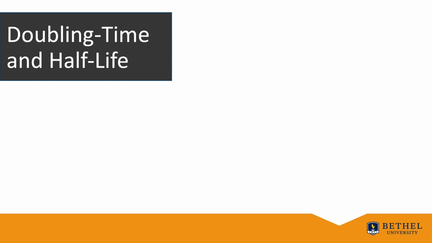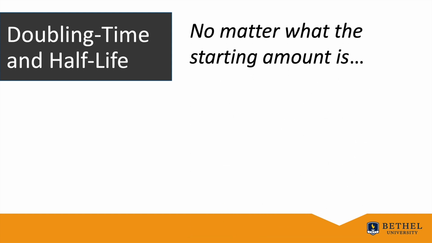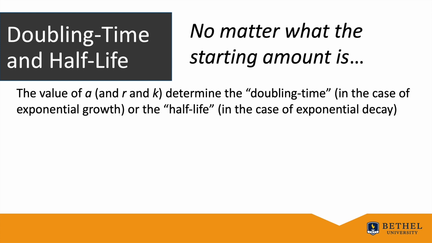Before we end this video with a brief discussion about continuity, we should also briefly discuss the concept of doubling time and half-life. No matter what the starting amount is, the value of a and r and k determine the doubling time in the case of exponential growth, or the half-life in the case of exponential decay. For exponential growth, we are after a time t where 2 times p0 equals p0 times a to the t.